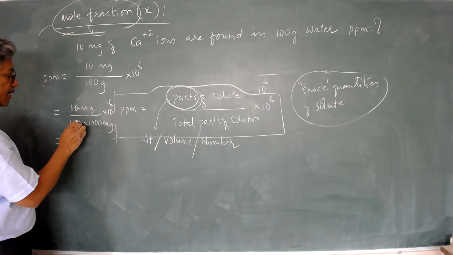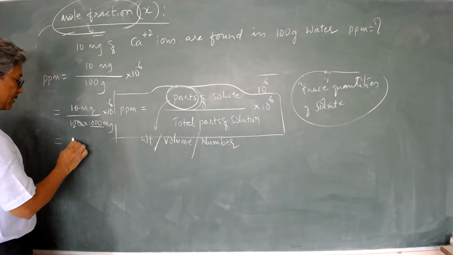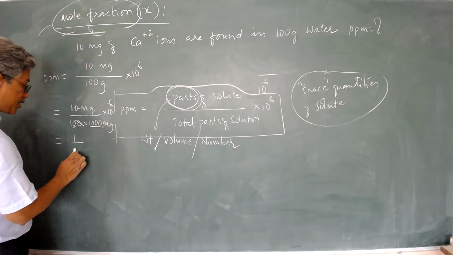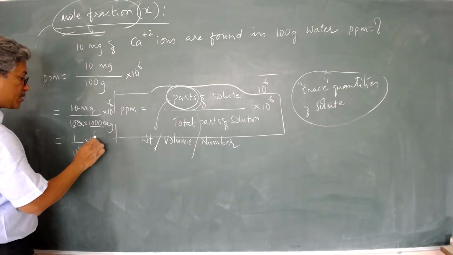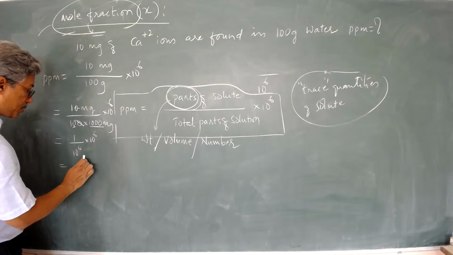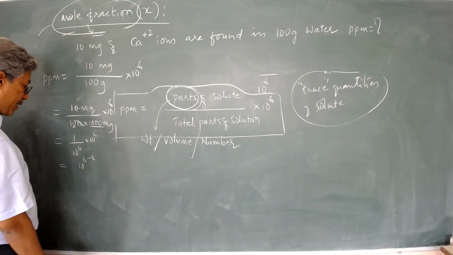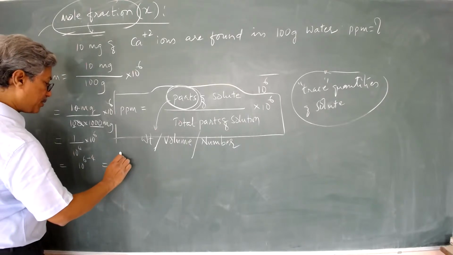Here, the 10 and 10 get cancelled. Right? How many zeros are left? 3 plus 1, 4. That means 1 divided by 10 raised to 4 into 10 raised to 6. So here, this will be 10 raised to 6. When you take it to the numerator, it will be minus 4. This will be 10 raised to 2.